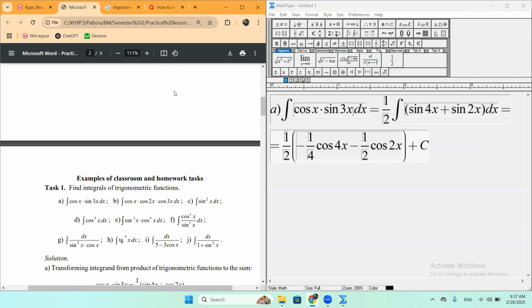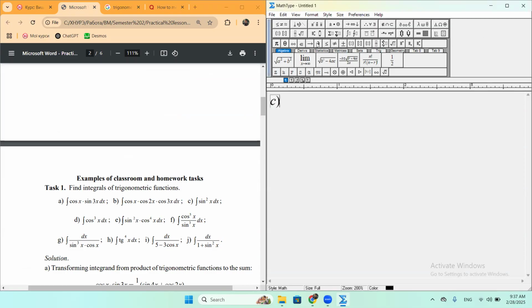So let's move next. We will skip exercise B because it's similar to A, but here is a product of 3 trigonometric functions, but it is solved analogously, but more actions need to be performed. So let's move to exercise C, another case.